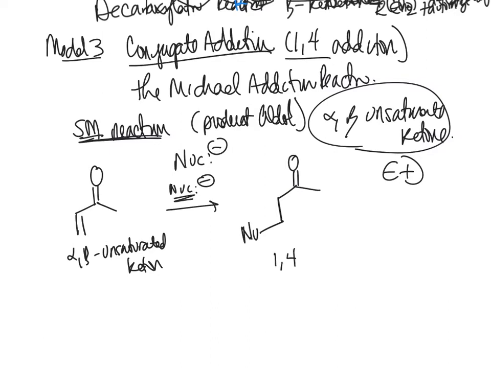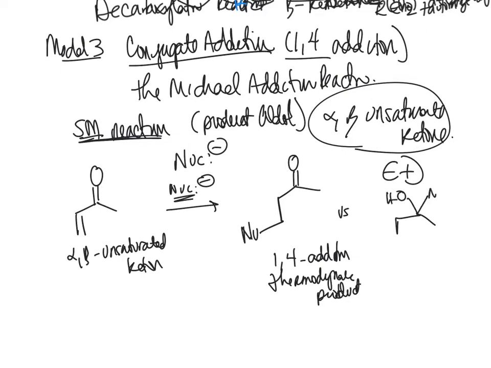This is the 1,4 addition. And we know that that's the thermodynamic product. And then the kinetic product would be as if it added 1,2. Okay, this is the kinetic.